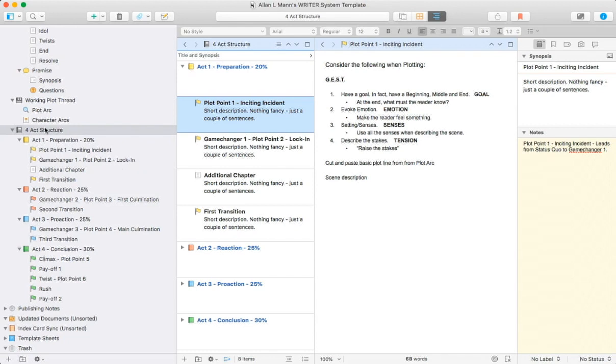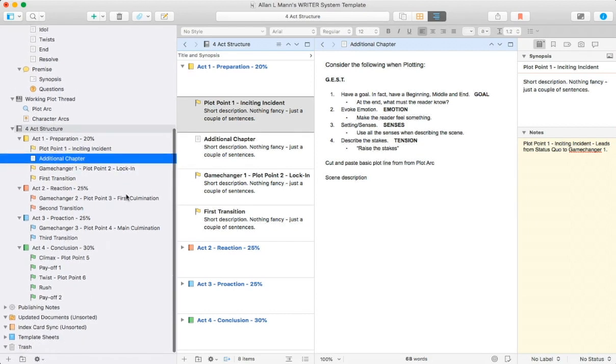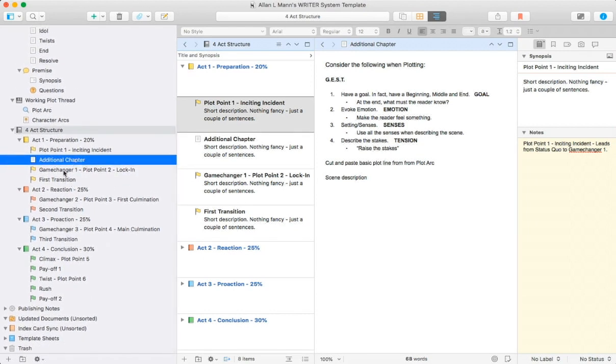And again, because we're in Scrivener here, you can add additional chapters here. You can delete things, change things around. But I'm just showing you here that you can add an additional chapter. Maybe you go straight from this inciting incident to the lock-in, and those follow in your story just as they are. Maybe you need to add a chapter here, for example. That's fine, or several chapters. So you can always add to this template and make it your own.